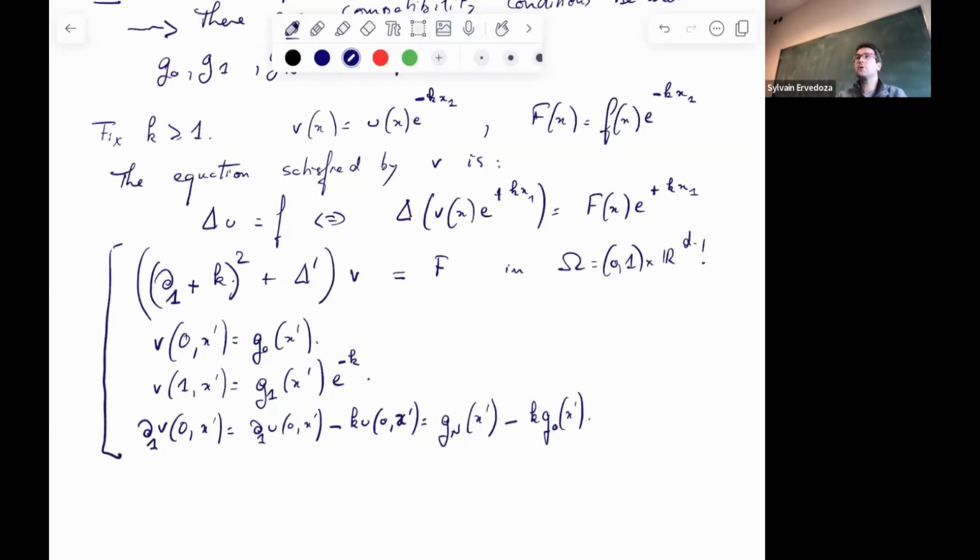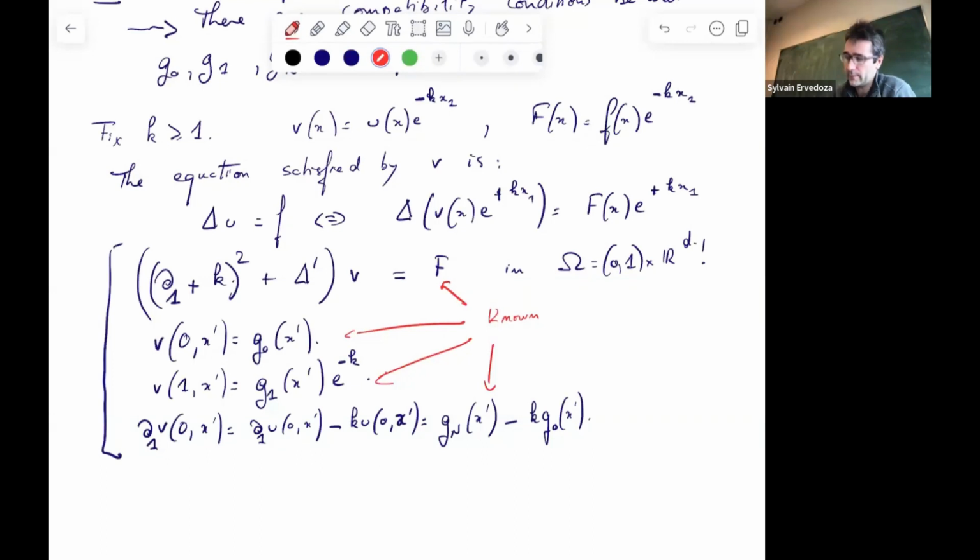Okay, so it's only a change of unknown, right? But here the good thing is that this is known, this is known, and this is known, right? So we know all the boundary conditions, we know the source term, and we want to recover v.